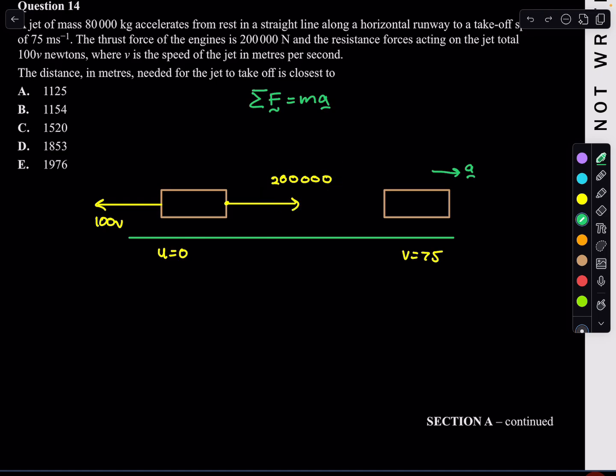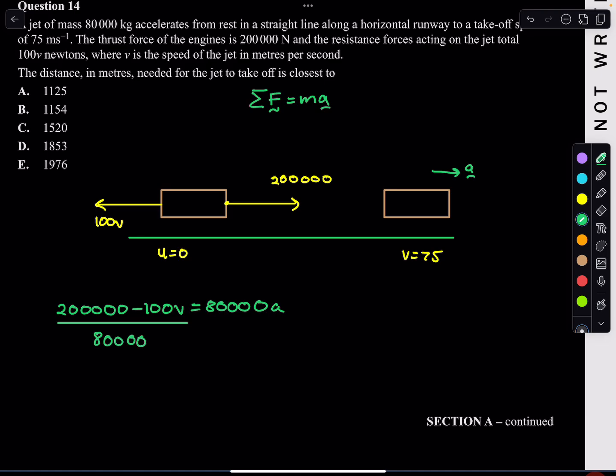So this is positive 200,000, minus 100v, because the resistance is in the opposite direction. The net force is equal to the mass, 80,000, times the acceleration. Let's divide both sides by 80,000.